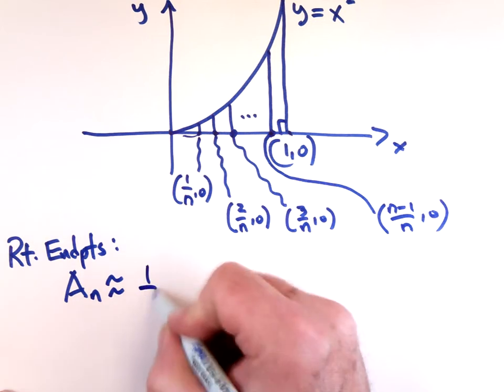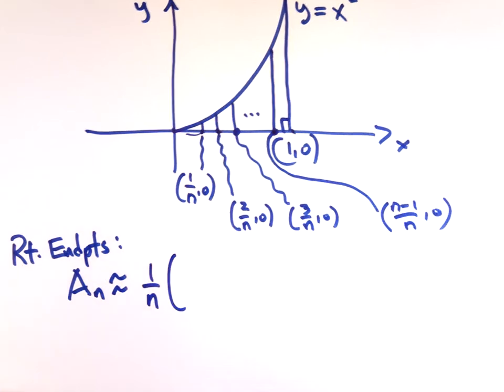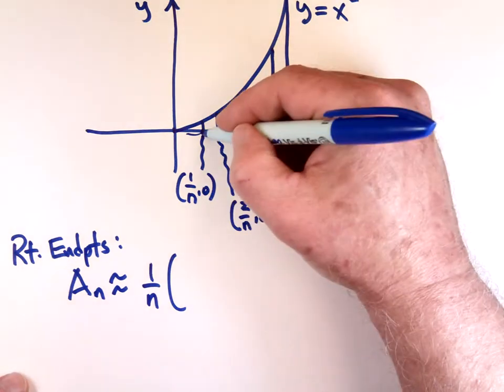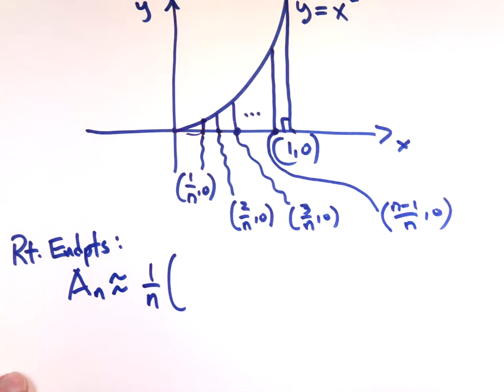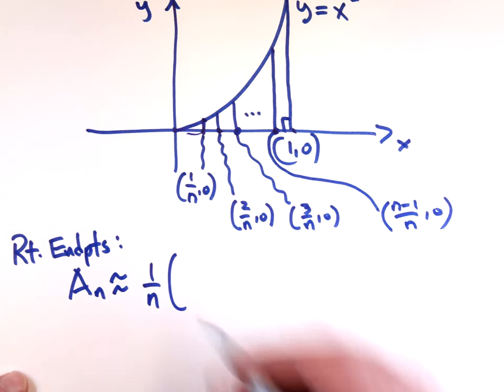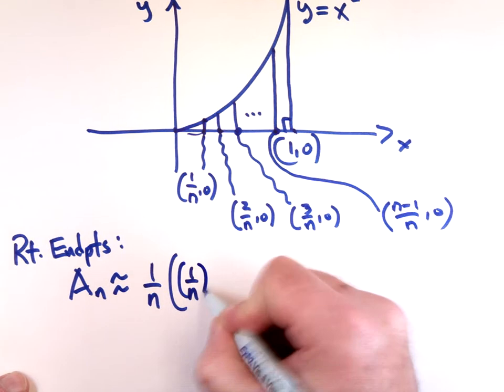My first height of this rectangle, my right endpoint rectangle, is going to be the value of my function at 1 over n, which is going to be 1 over n squared. Plus my second rectangle, this one.